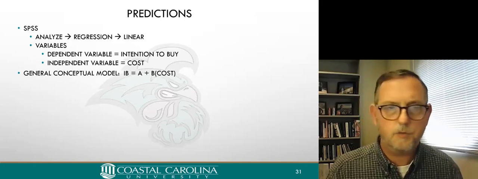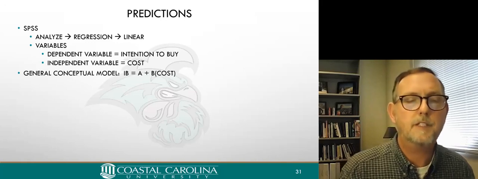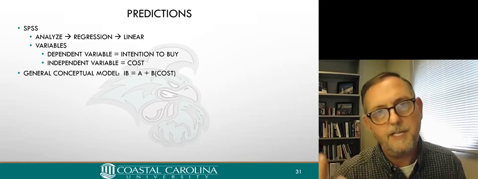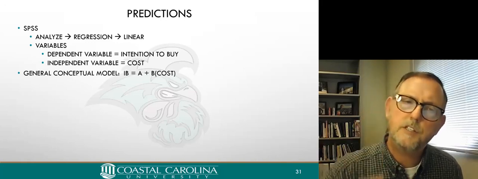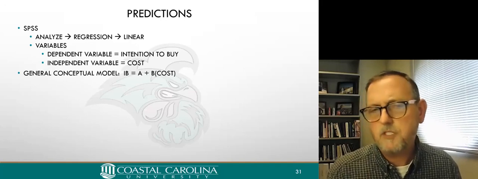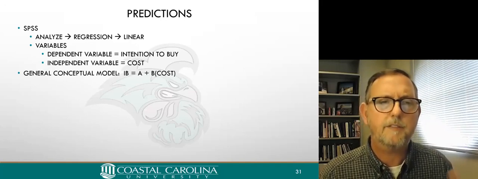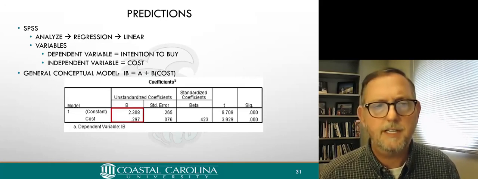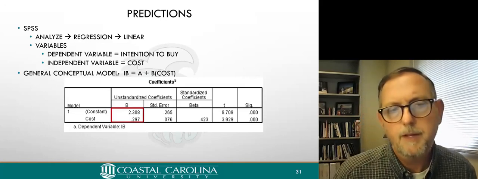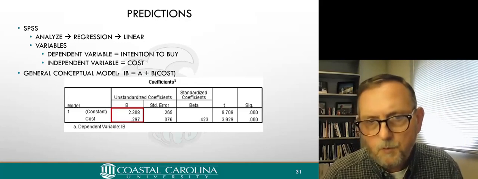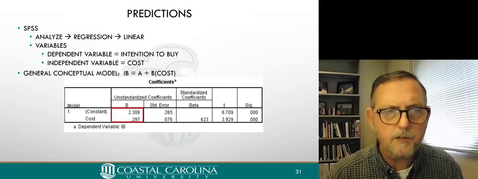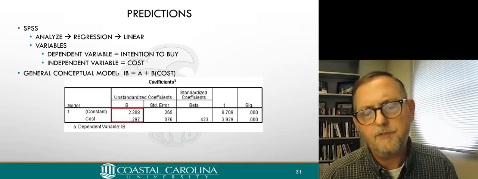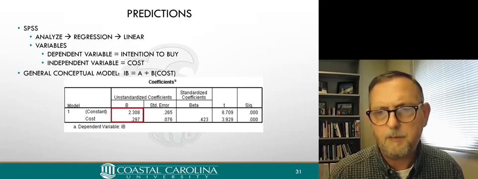I don't know how the scale works. If it's a price, it'd probably be inversely related, but we're not sure exactly how the scale is. This is just an example where we have a cost that's associated with a purchase and then the intention to buy.